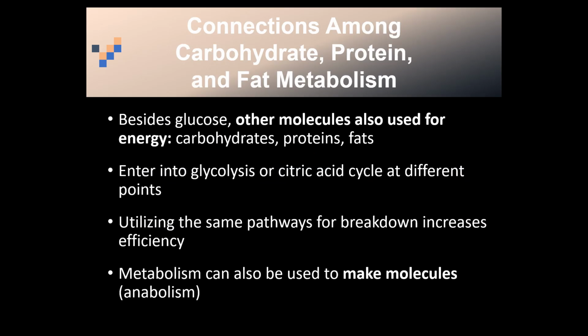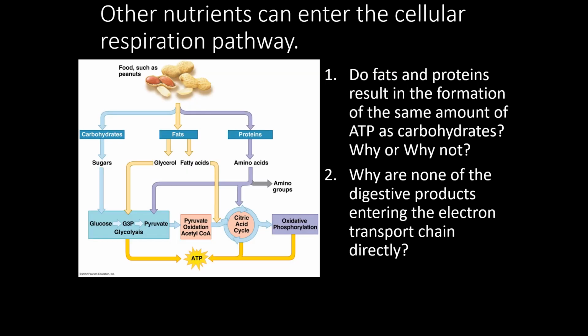Okay. This has to do with the fact that now that we understand the basics of glycolysis, we can now bring in other carbs, the proteins and fats and oils, to breaking down them for energy, right? Remember, cell respiration is just any organic molecule and extracting the energy. And so here's the basic idea. So let's see. So here's glycolysis, here's pyruvate oxidation, here's the citric acid cycle, and here's oxidative phosphorylation.